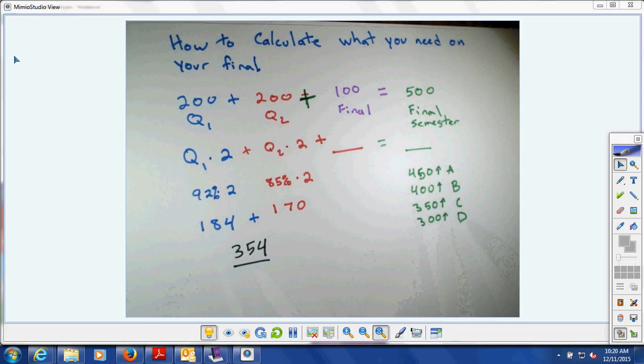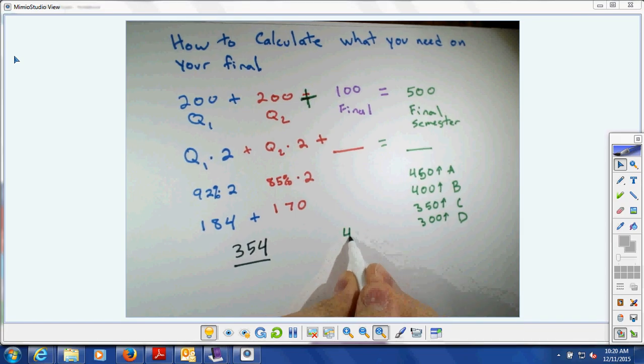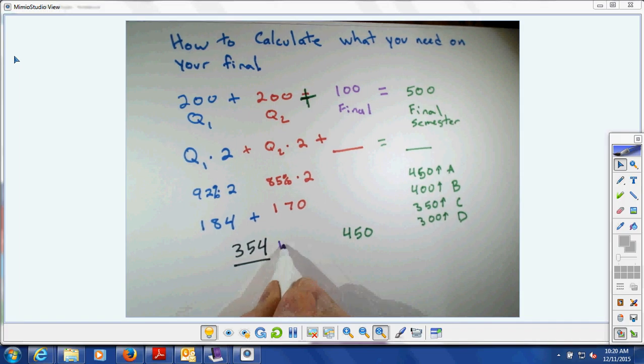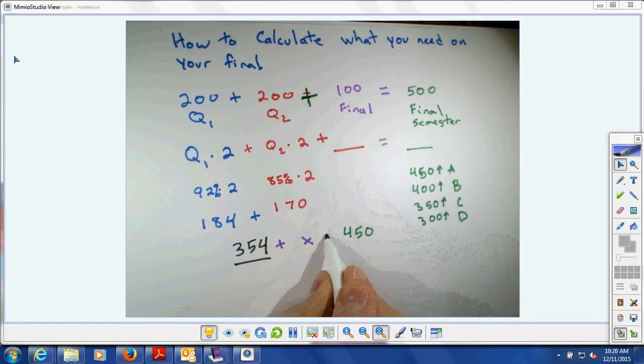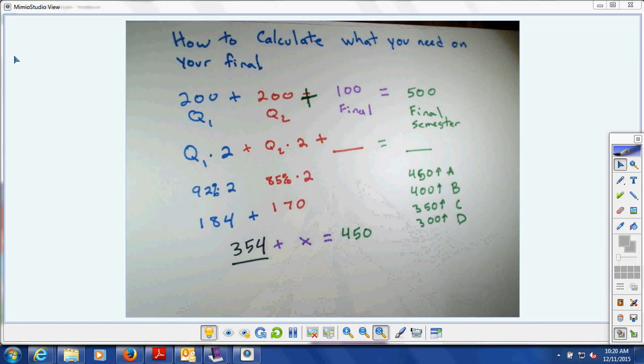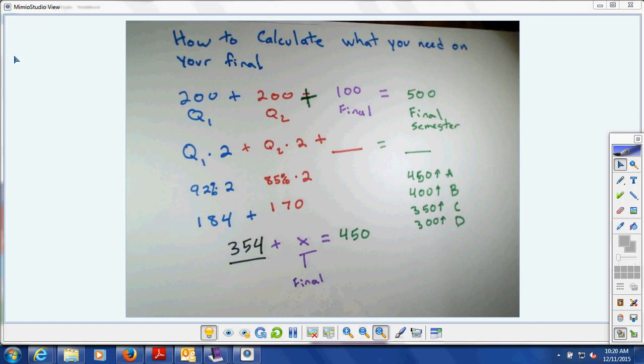Okay, so if you would now say, I think I want an A. I want an A, so you have to shoot for at least 450 points. Okay, so it would be 354 plus some number for your final would equal 450. So that means your final grade would be 450 minus the 354.